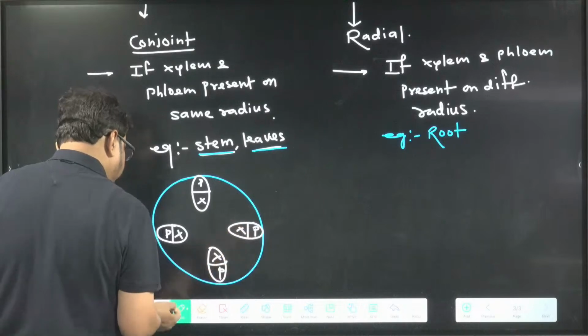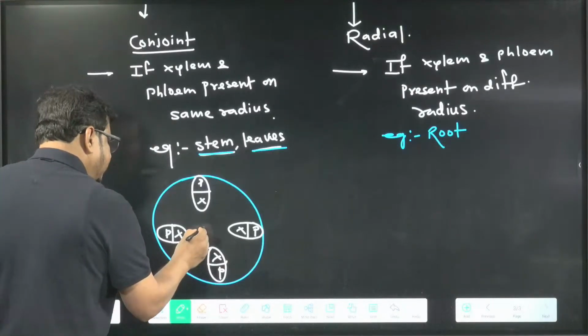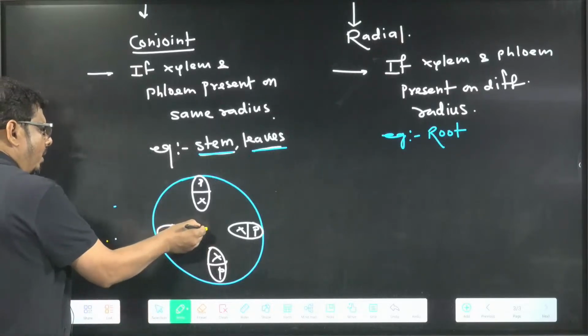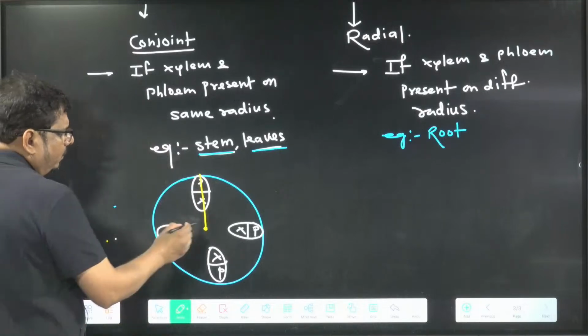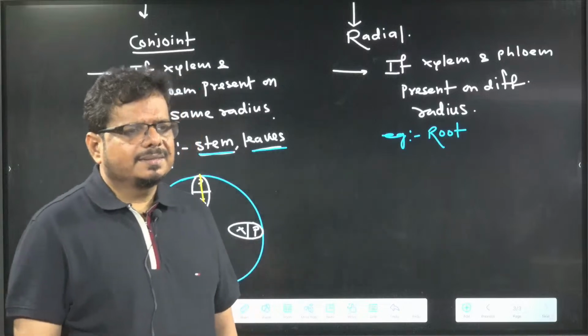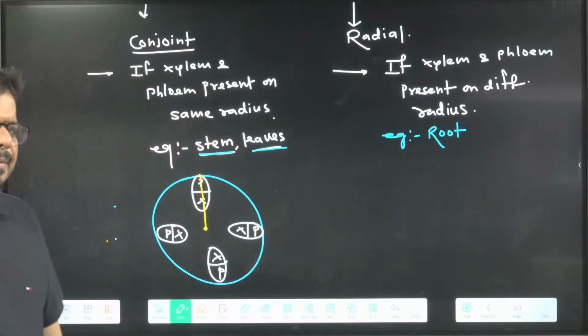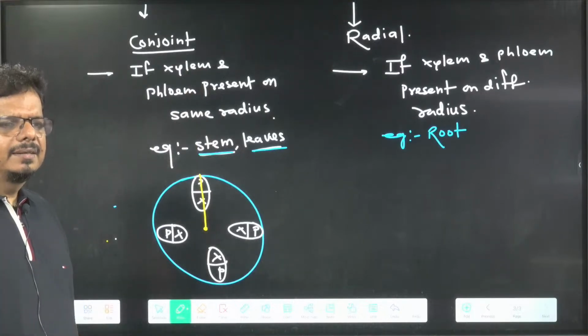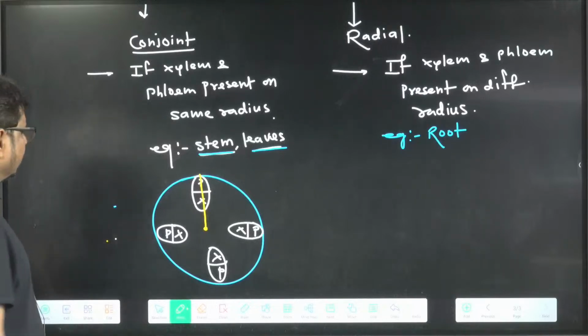Xylem, phloem. Now I am asking a question to you. This is the center. When I draw a line toward the outer circle, circumference, what are you finding? Xylem, phloem present on the same radius or different radius? You tell me. It is present on the same radius.